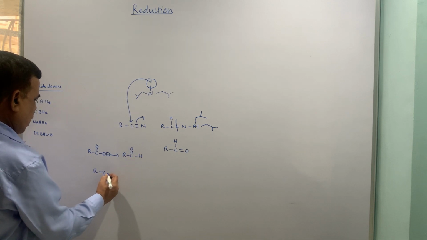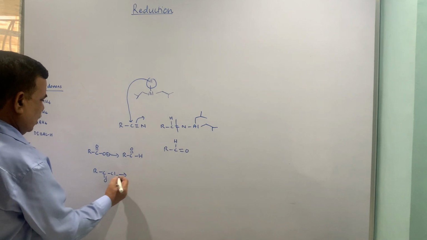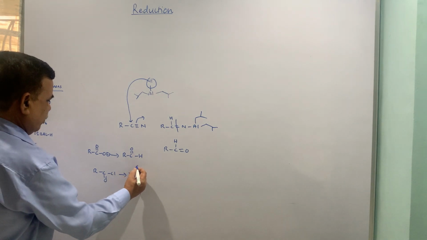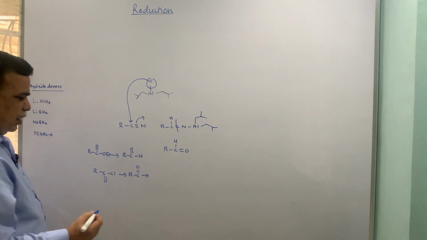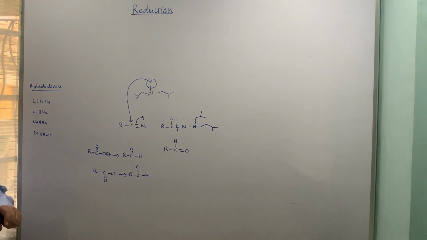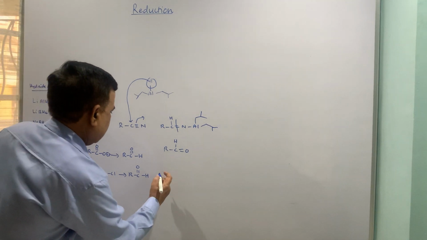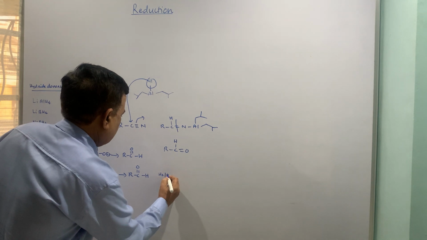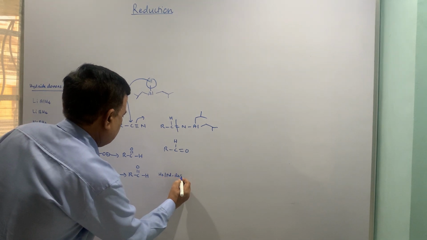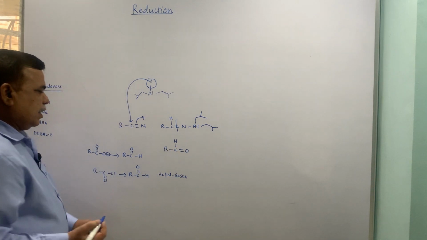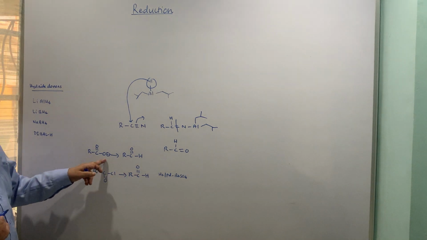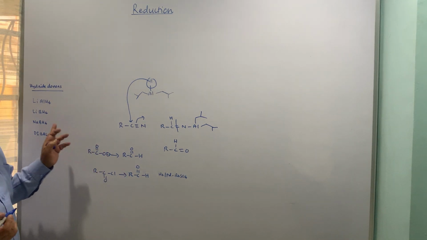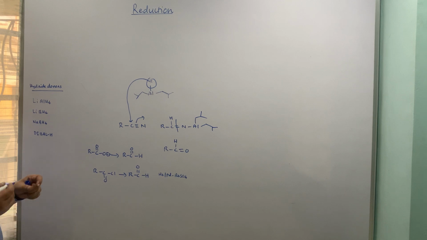RCOCl to RCHO is also possible with the Rosenmund reduction, that is H2, Pd, barium sulfate, the Rosenmund reduction. So here the reagent is H2, Pd, barium sulfate, the name reaction. This is possible with DIBAL-H. So these are some of the hydride donors.